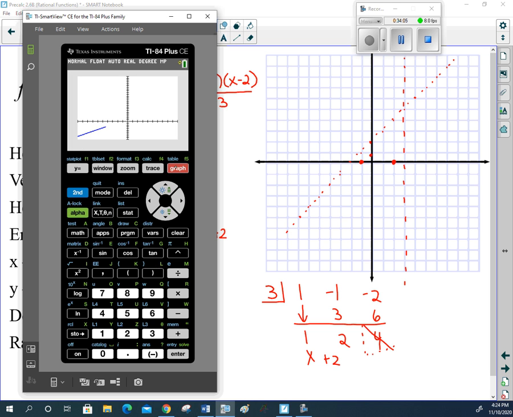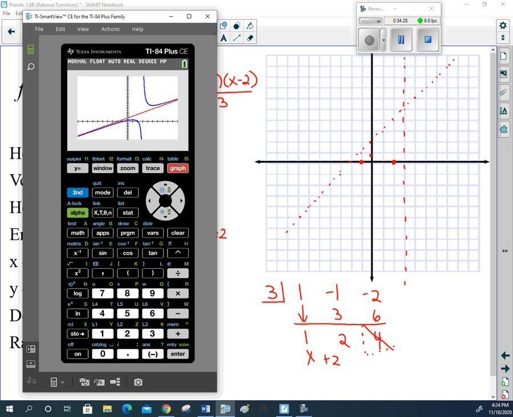Okay, and I'm going to hit graph. And now we can see what our shape looks like. If we wanted to type in that slanted asymptote, we could. We could just go to y equals and come down here and type in x plus 2. And you can see how it's following along that asymptote.